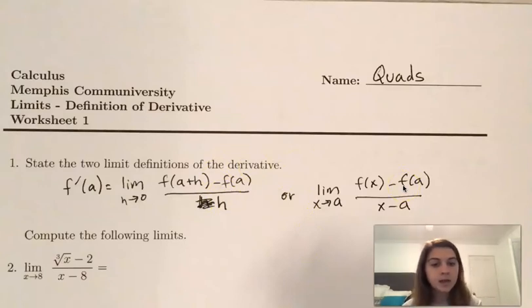Also, remember that derivatives are limits. They're a really special kind of limit. So not every limit is a derivative, but every derivative is a special kind of limit. And so our goal in this worksheet is not to actually compute limits, but we're going to turn them into derivatives, because all of these are the special kind of limits that are derivatives.